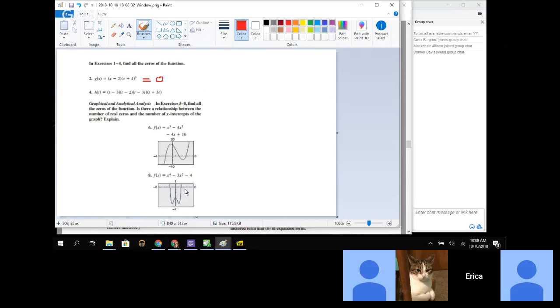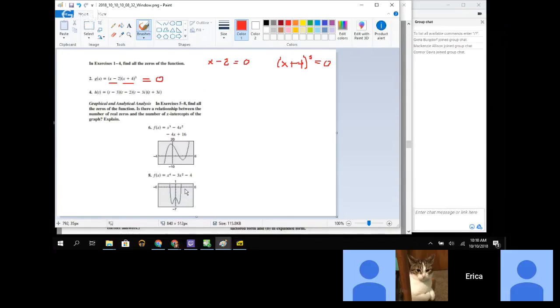If I have something times something equals 0, one of those two somethings has to be 0. So either x minus 2 has to equal 0, or x plus 4 cubed has to equal 0.